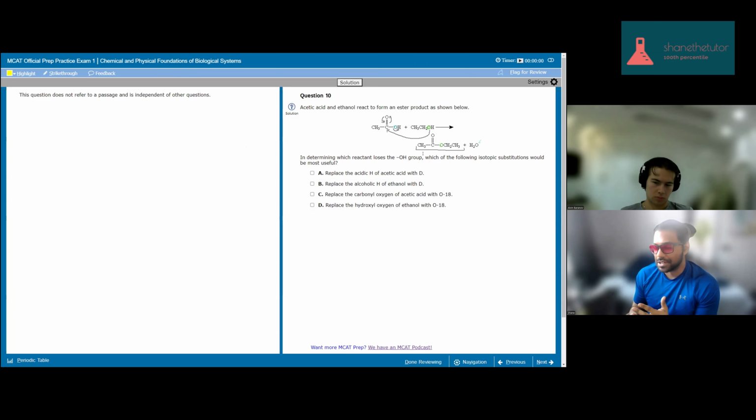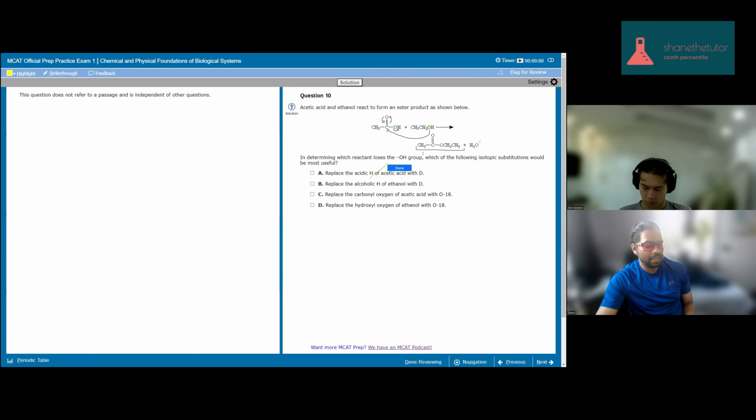There's no other way for us to know in real life. I always think, okay, how do we know it's doing that, with the arrows and all that stuff? It's through isotopic labeling. So we don't want this one, because that is just going to leave.